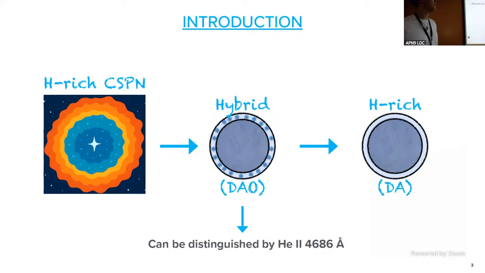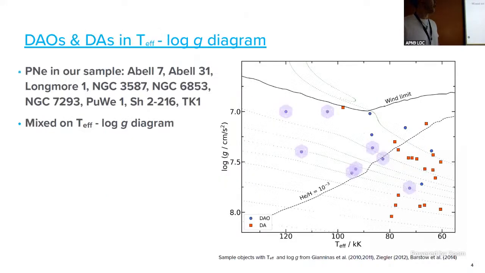But when we look at the observations, here the red squares represent the DA white dwarfs, the blue dots represent the DAO hybrid white dwarfs, and the central stars are marked with purple octagons. According to theory, below this dashed line the helium abundance should have dropped to 10 to the minus 3.